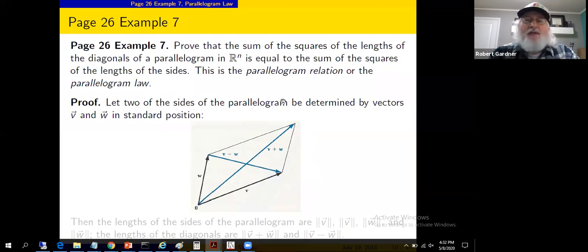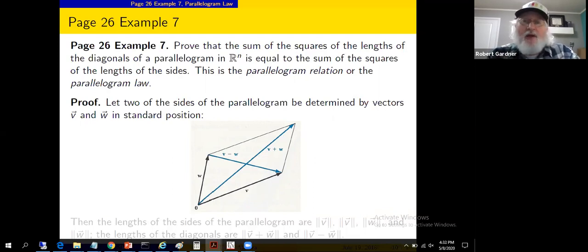All right, and their claim is the sum of the squares of the lengths of the diagonals. So that'd be the length of this thing squared plus the length of this thing squared. That'd be the norm of this vector, v minus w, squared, plus the norm of this vector, v plus w, squared. Norm squared, that's good.